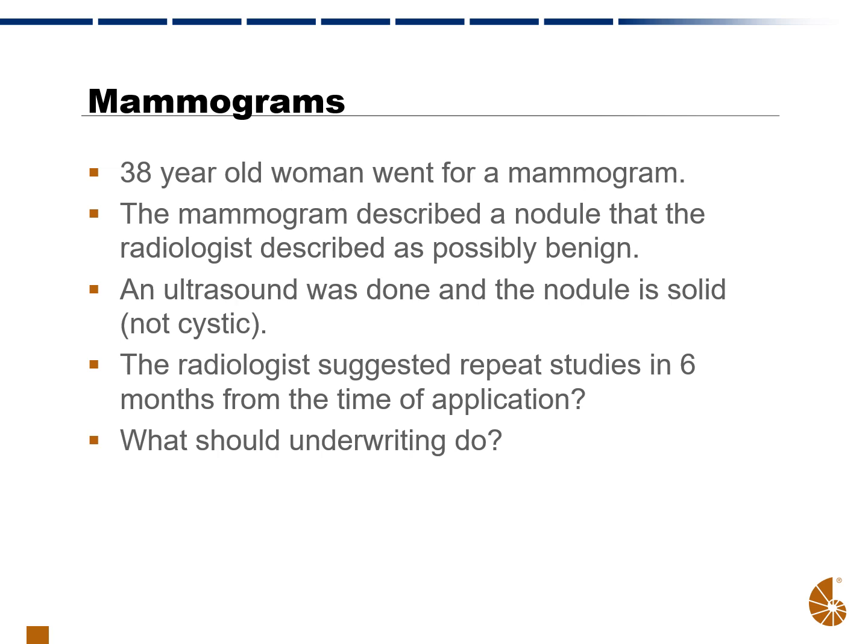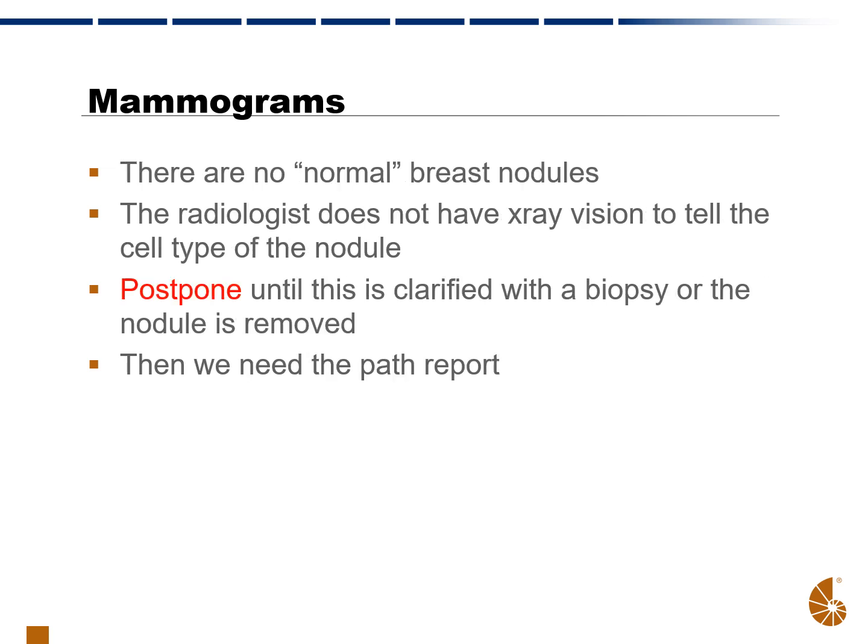Well, this is difficult because we can't really see the nodule ourselves. We're relying on the radiologist's description, and the radiologist said it was possibly benign, but we don't know. So what to do? I'll just give you some ideas that I use. There are no normal breast nodules, so breasts don't normally have nodules in them.